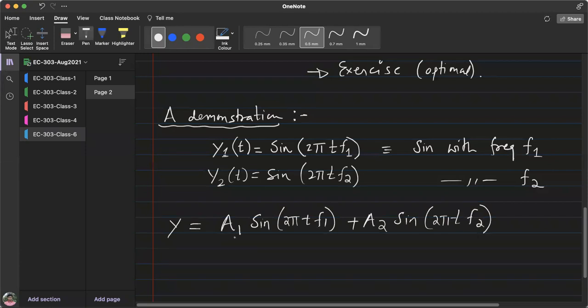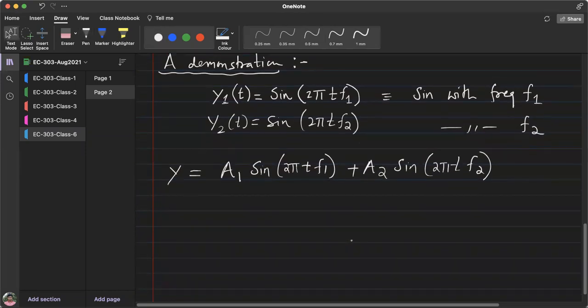This will complete f1 cycles in 1 time, this will complete f2 cycles in 1 time. So what you have done is you have superposed them.